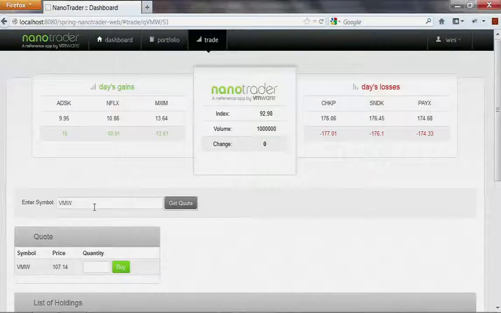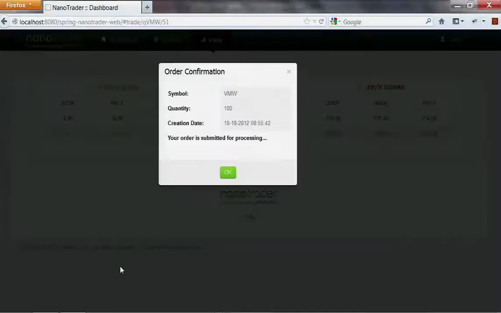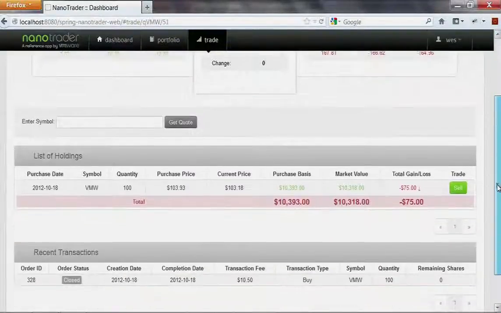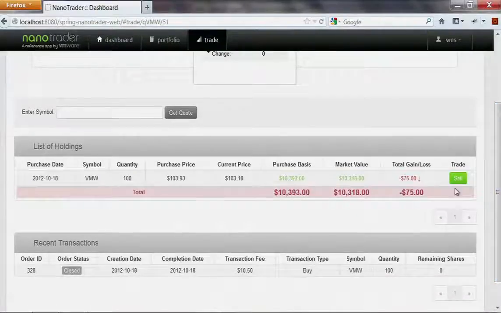Very, very, very fast. So when we buy under 500 shares, the SpringTrader reference application just completes the order. You immediately got 100 shares, and there it is. And you lost $75 on that deal.